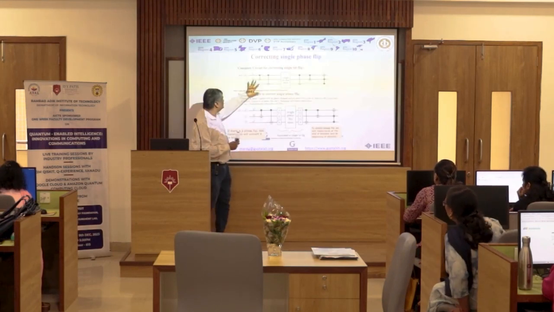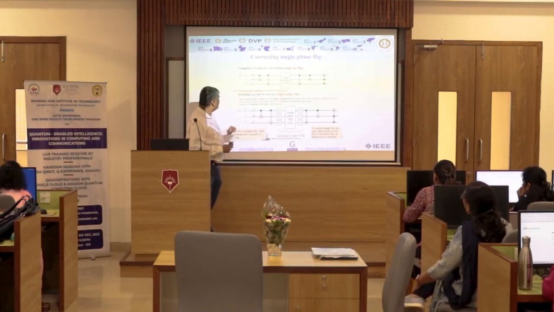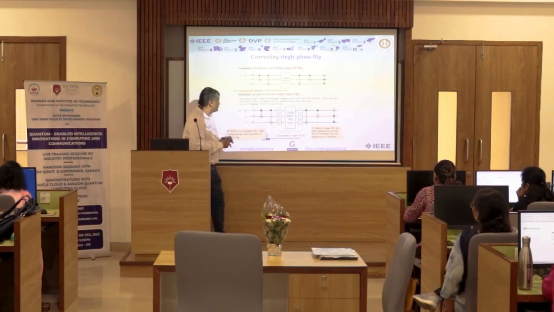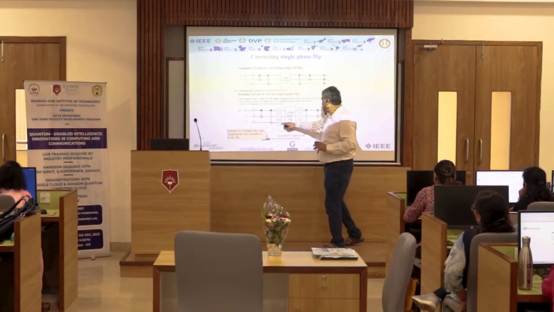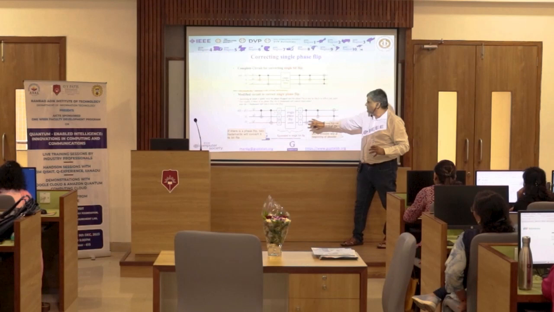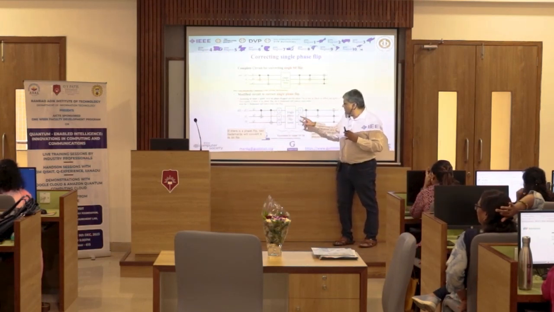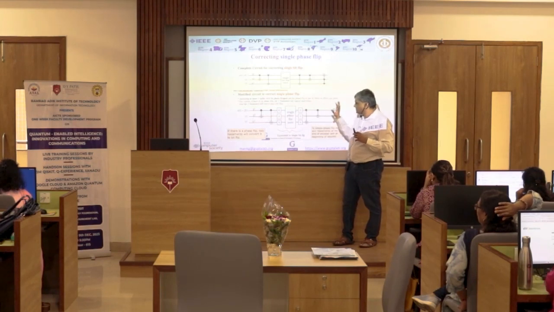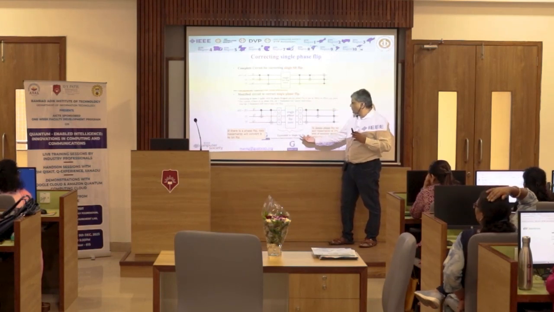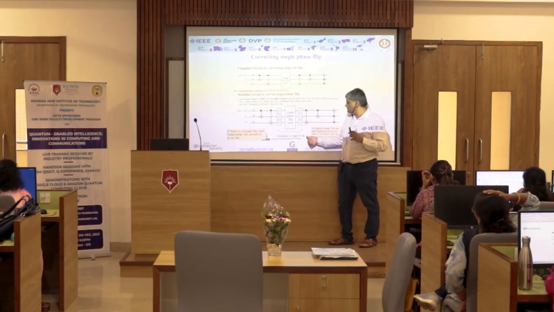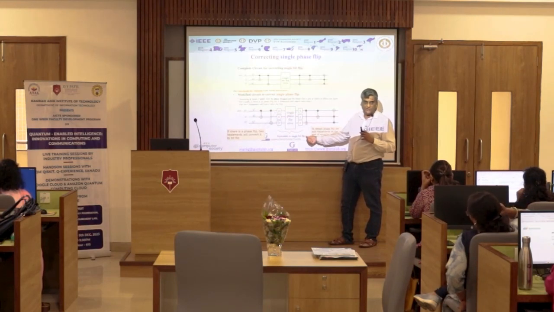Here is the circuit for single bit flip. We modify the circuit by putting three Hadamard gates at the beginning and three at the end. So suppose this is a single phase flip; we put three Hadamard gates here and three here. The rest of the structure remains the same. This whole thing is equivalent to a single bit flip because of the duality, right?